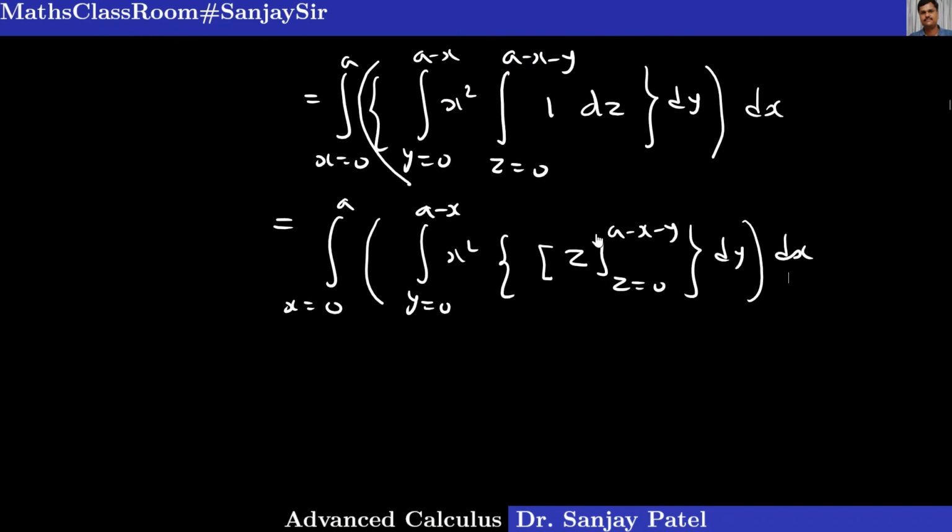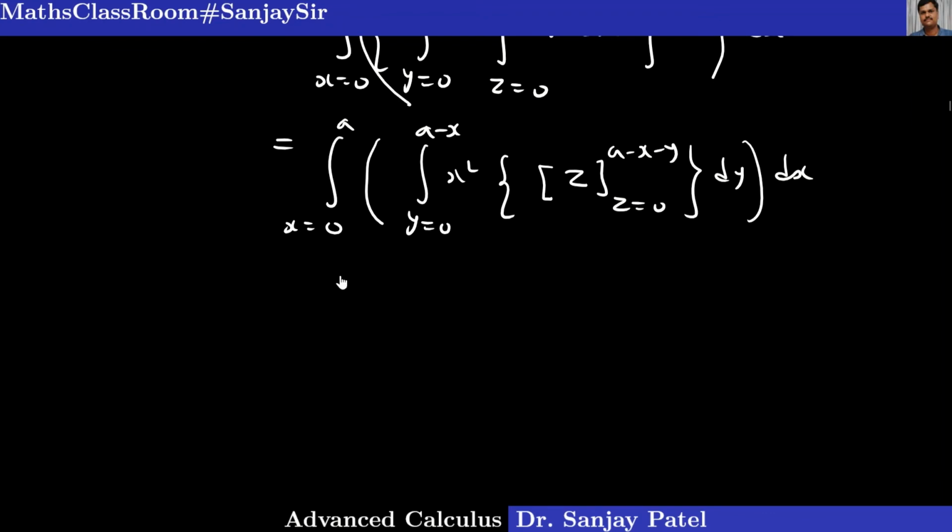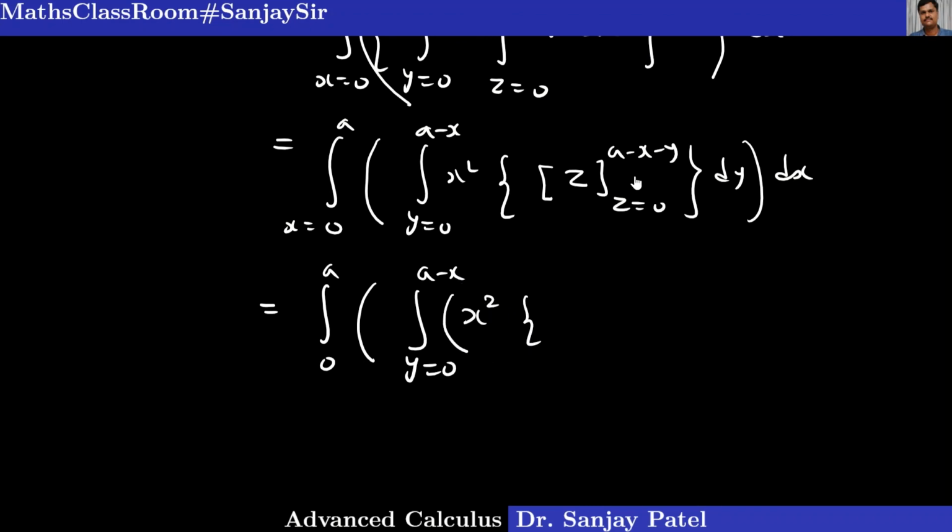Okay, so this is equal to integral 0 to a, integral y is equal to 0 to a minus x, x square into the value of this by putting z is equal to a minus x minus y, and then z is equal to 0, into dy and then dx.